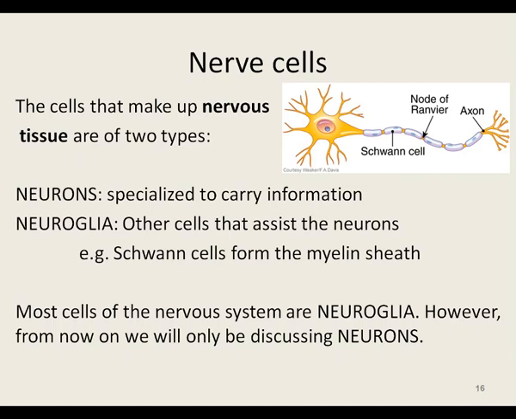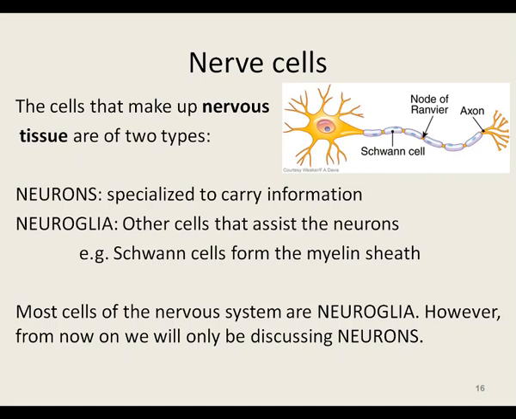And the myelin sheath insulates the axon, just like you would insulate an electrical wire. So the myelin sheath is secreted by these Schwann cells, and it insulates the axon and helps signals to be sent more efficiently. Don't worry about some of the other terms there, because this is just an introduction, and we'll discuss the myelin sheath later on in the session.